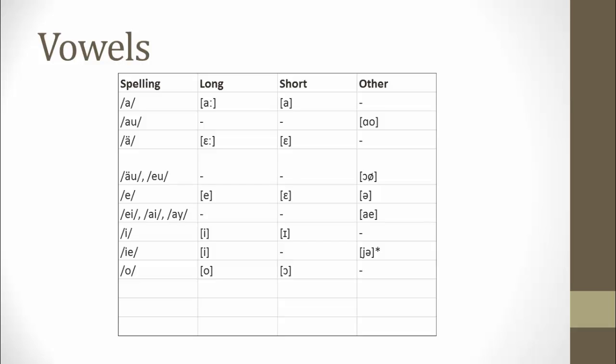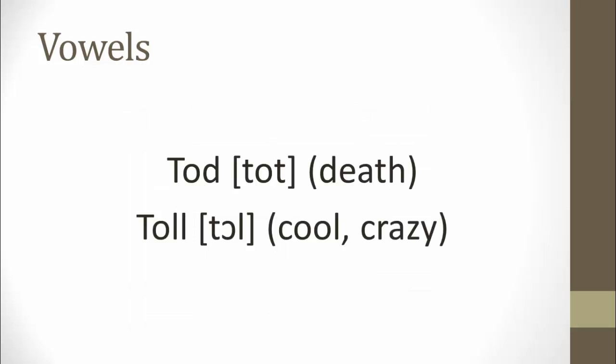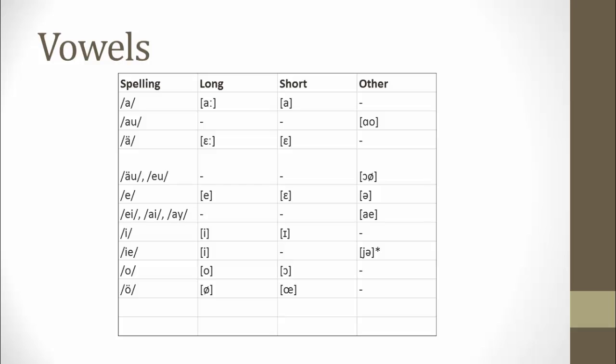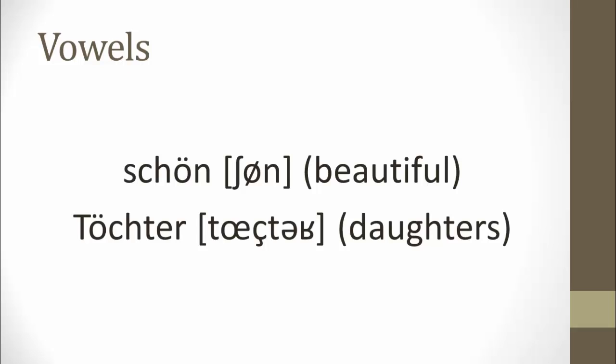For the O spelling: tot, toll. For the O umlaut: schön, Töchter.